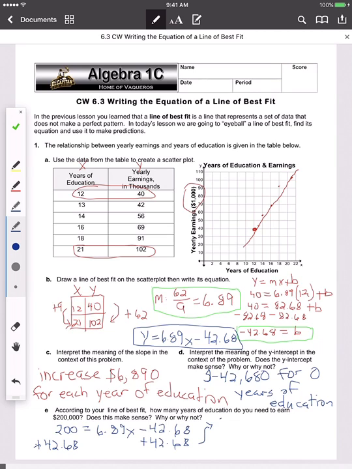So that'll be 200 plus 42.68 is equal to 6.89x. And then divide by 6.89 on both sides.